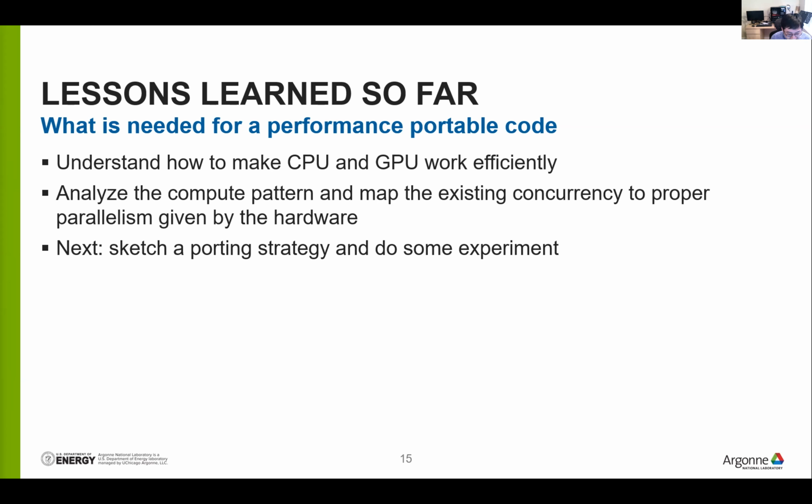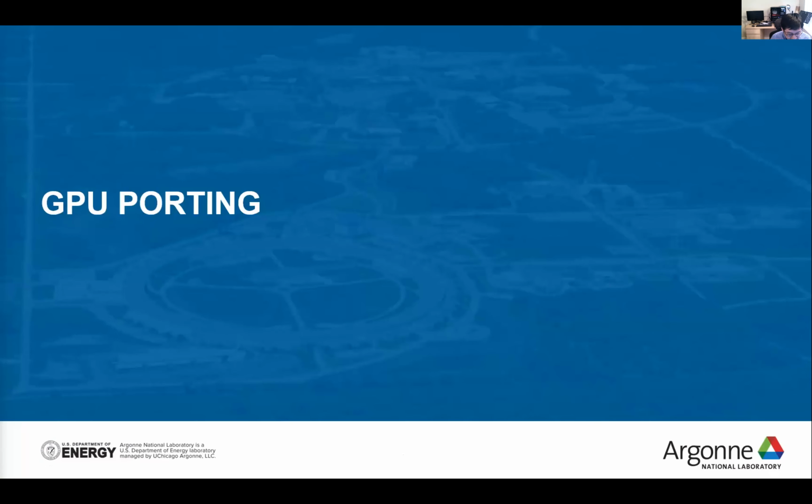By doing that, you know that when you start at every entry point where you need to do GPU porting, you're guaranteed to have enough work and you're guaranteed to have minimum data transfer needed. So the next step is to sketch a porting strategy, and we start with some experiments.